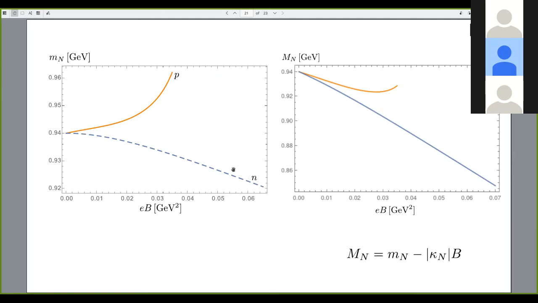And then it starts to grow, but for higher values. The definition of the mass differs in different contexts. This is the definition of the minimal energy, which includes the anomalous magnetic moments. In this case, both masses decrease, but the proton mass starts to grow earlier.